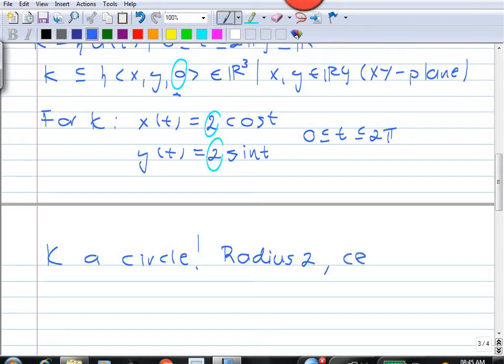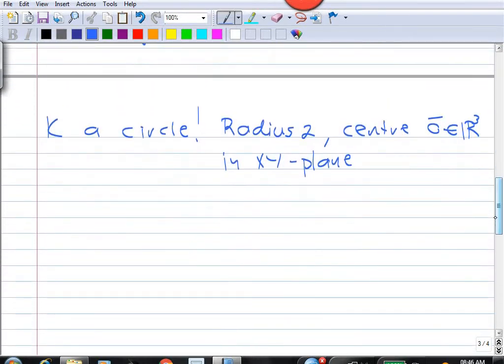And the center is 0, but now this is 0 in R3, and the circle is contained in the xy plane. So in other words, there's K in the xy plane, a circle with radius 2.